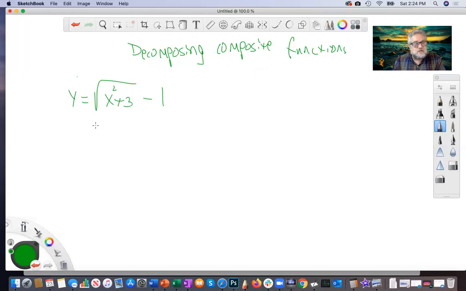So I got to look at this and I got to think, what is being substituted into something? And it looks like this is getting substituted into something. So I'm going to claim that this is f of g of x. And g of x equals x squared plus 3.